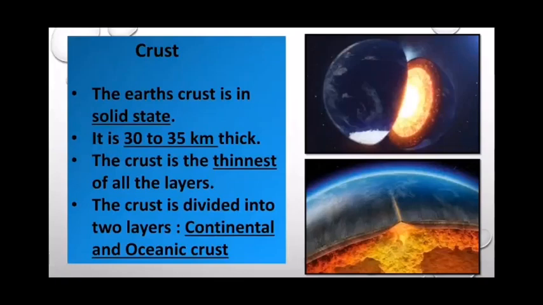The crust is the thinnest of all the layers when compared to the mantle and the core. It can be divided into two sublayers, that is continental crust and oceanic crust.